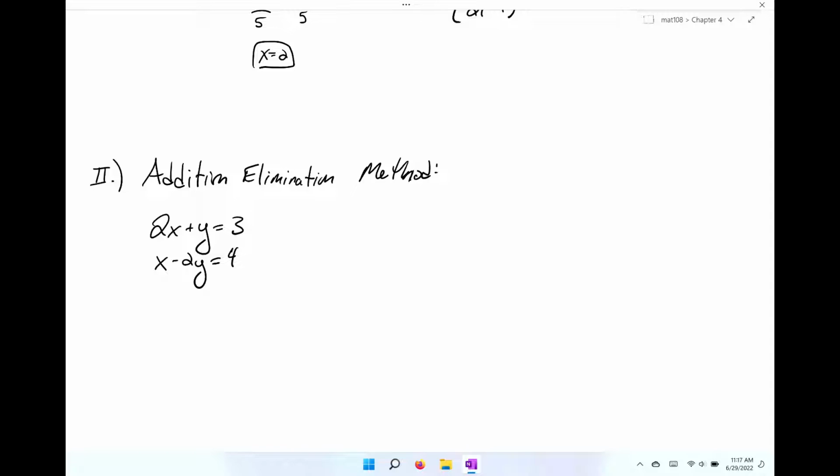Now with this method, the first thing you want to do is pick a variable to eliminate. So just by looking at the two variables, x and y, I think I'm going to go ahead and eliminate y.